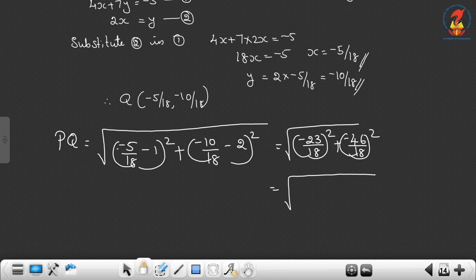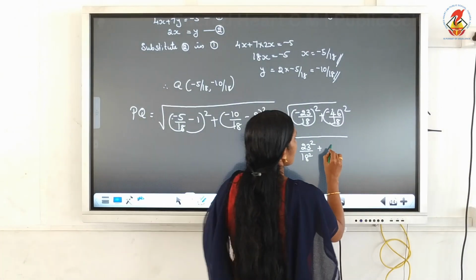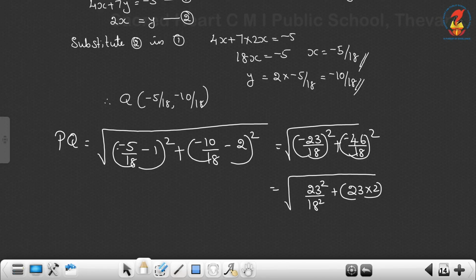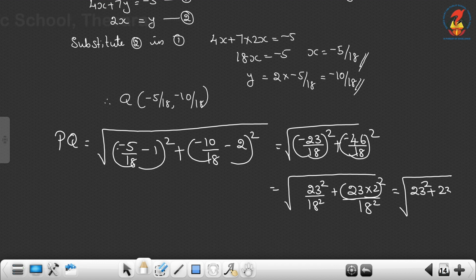Minus square is plus. So 23 square by 18 square. Minus square is plus. So just 46 square. 46 is the same as 23 into 2 square, over 18 square. The denominator is the same. So 23 square plus 23 square into 2 square by 18 square.